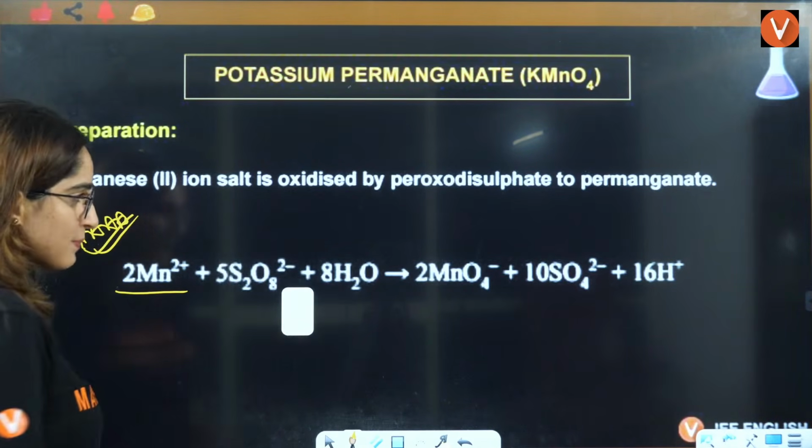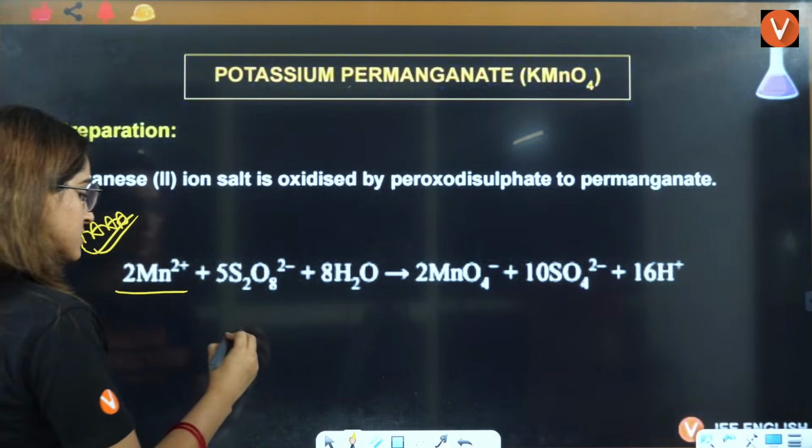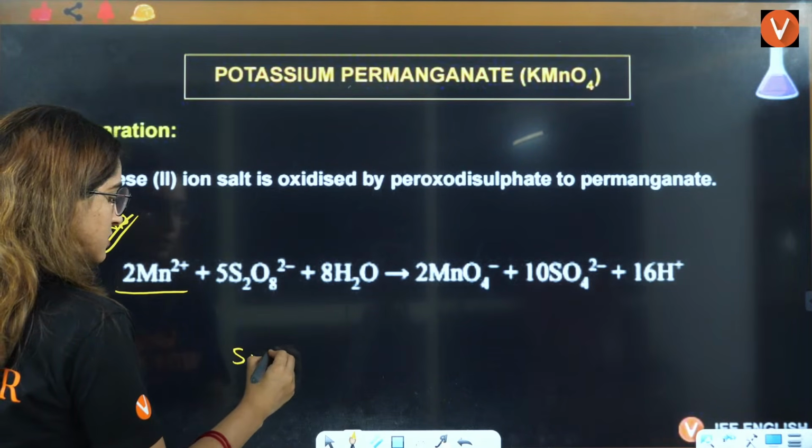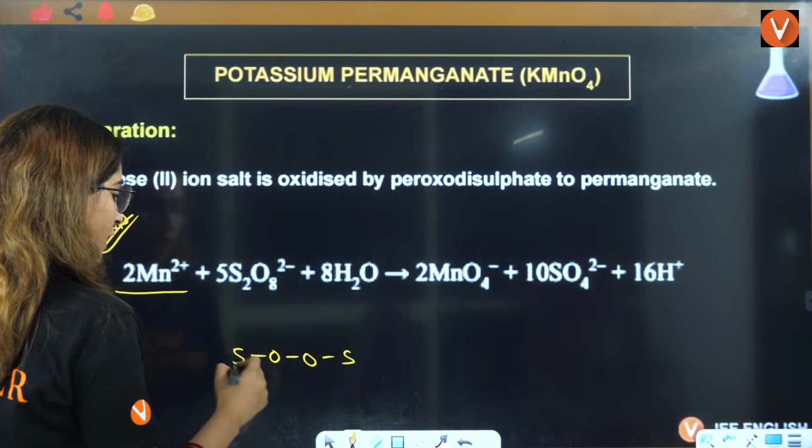Basically, let me tell you what happens here. This is S, and this is a peroxide linkage, what you have here.